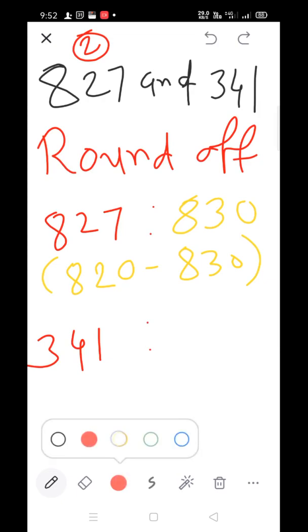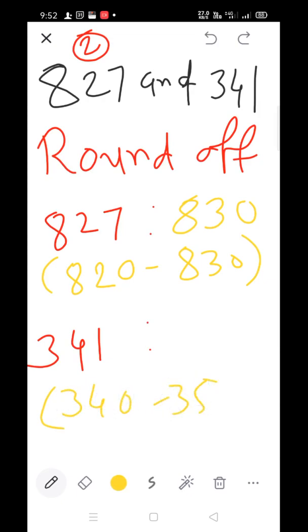First thing, 341 comes between which numbers? 340 and 350. Now tell me, 341 is closer to which? Yes, 340. So the round off of 341 is 340. Remember both round off.